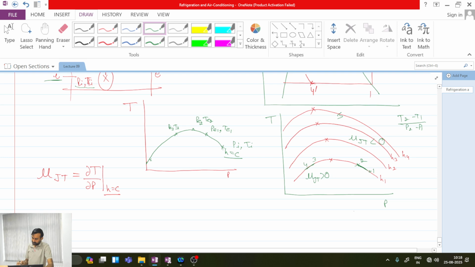So this point where slope becomes 0, this point is called inversion point. Okay, and this entire locus of all the inversion points is called as inversion line.